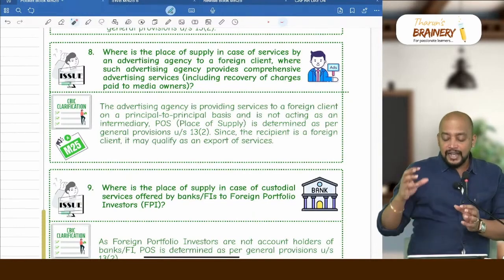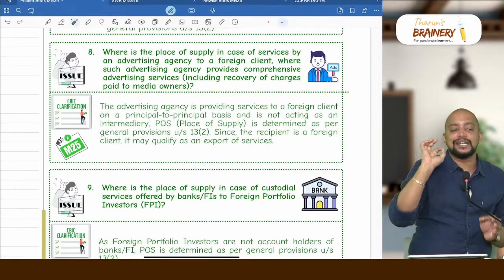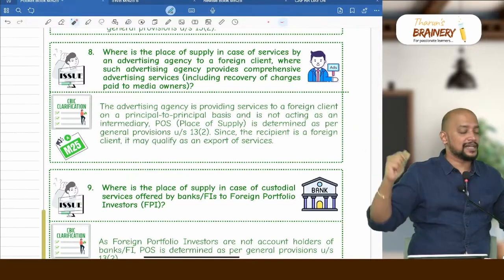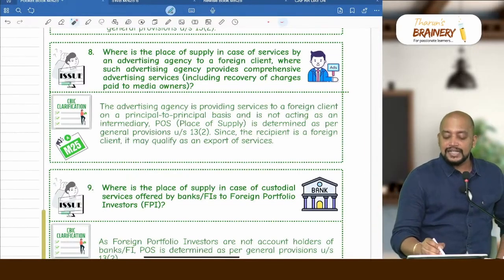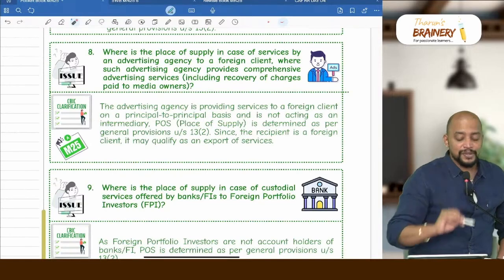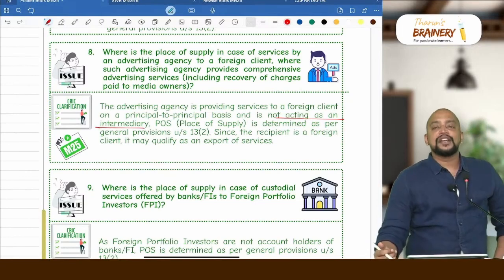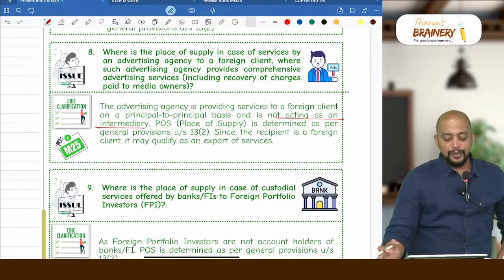So a careful strategy and implementation is required, that is beyond just connecting the seller and the buyer or supplier and the recipient. So the advertising company is providing services to a foreign client on a principal to principal basis and is not acting as an intermediary. So the place of supply will be as per general provisions and it may qualify for export of services.